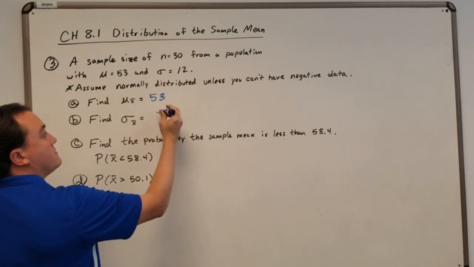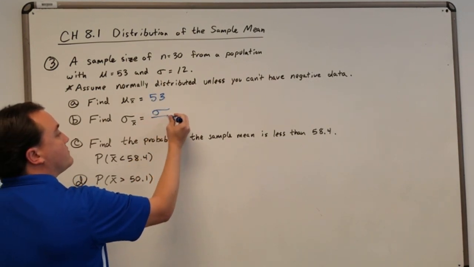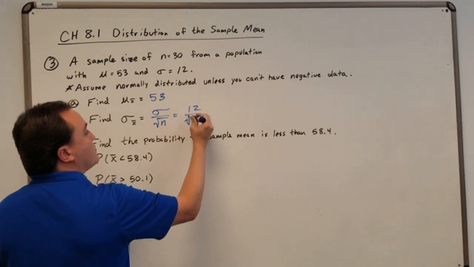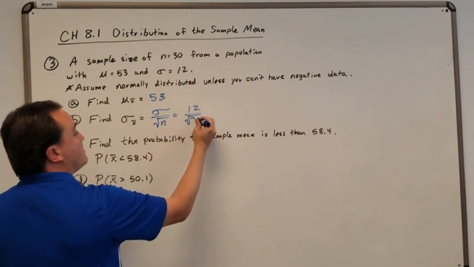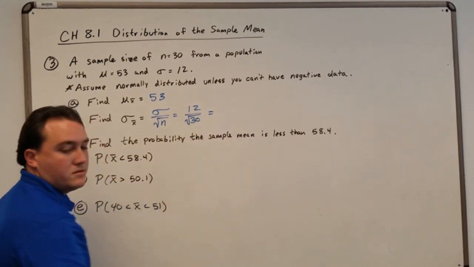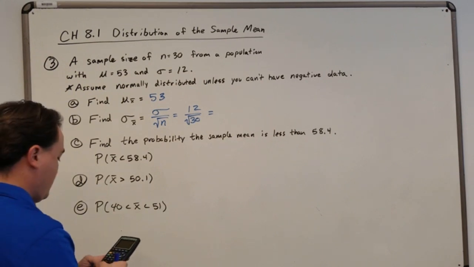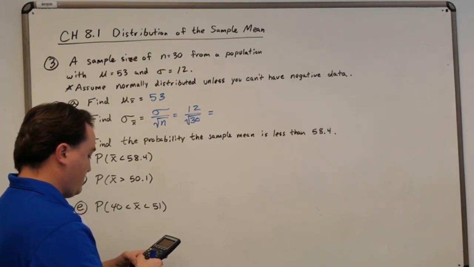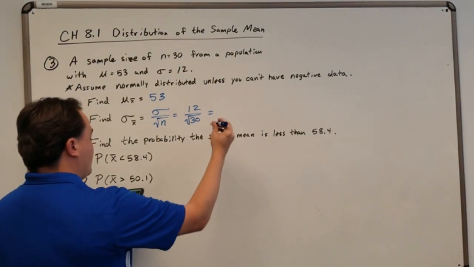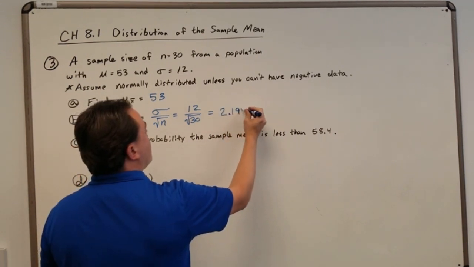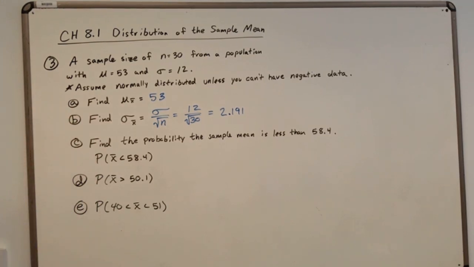Standard deviation is 12, so we have this formula is 12 divided by the square root of 30, which is 2.191. So sometimes the homework wants 2 decimal places, sometimes it wants 4. We'll just go with 3.